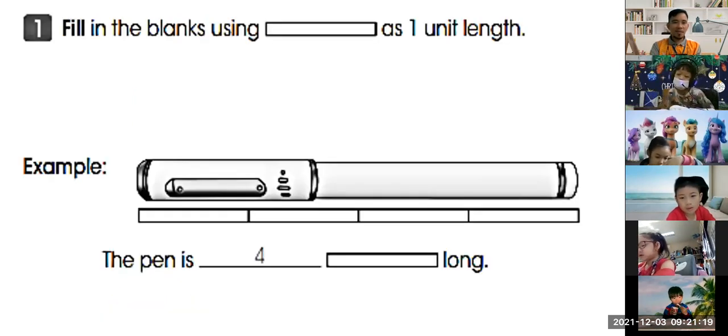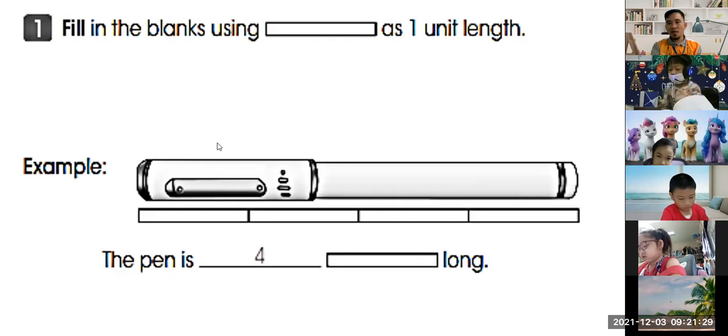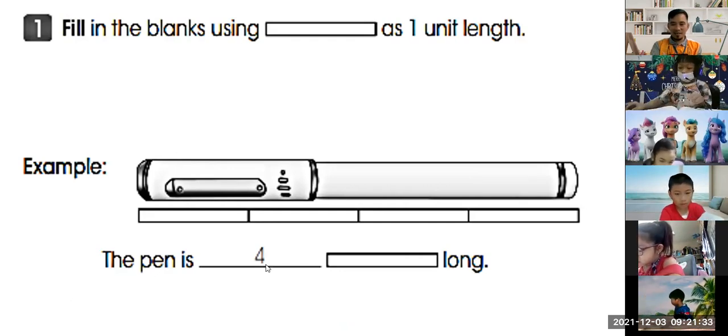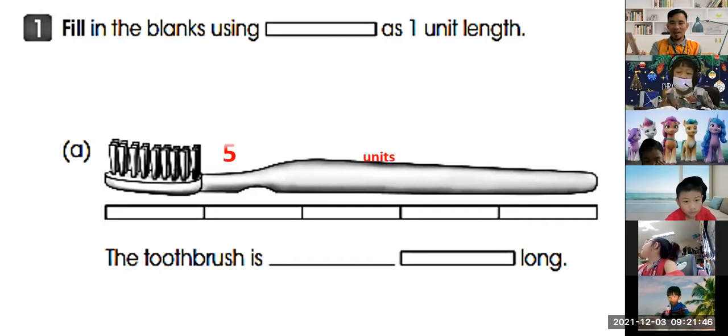Now here, we will fill in the blanks using this unit. Okay, this serves as 1 unit. You can see here that the pen is 4 units long, right? Now here, the toothbrush. How long is the toothbrush? The toothbrush is 5 units long.